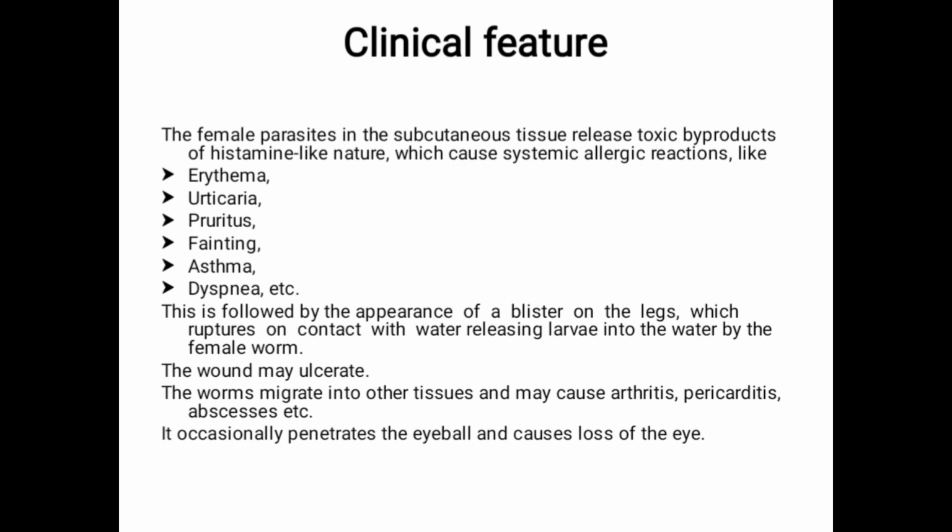Pericarditis affects the membranes of the heart, the pericardial membrane. Abscesses are all about swelling. Arthritis affects the joints, the synovial fluid in the joints, so somebody suffering from arthritis has a problem with the joints.